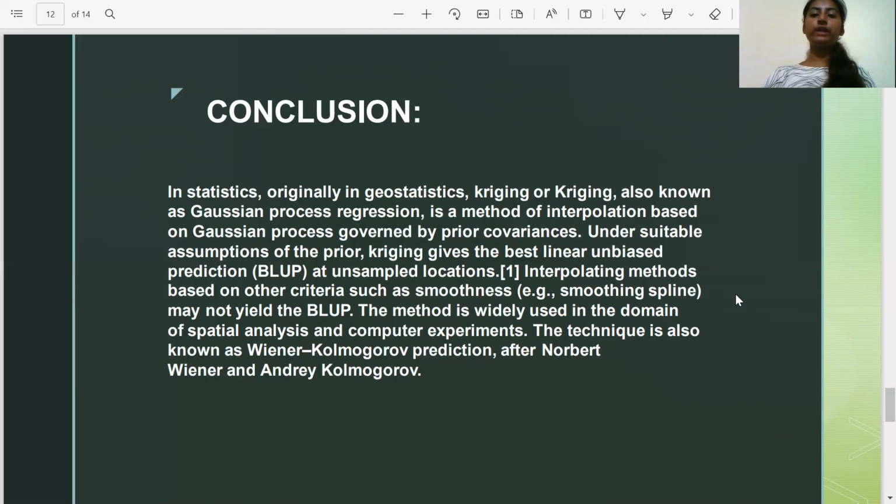The method is widely used in the domain of spatial analysis and computer experiments. The technique is also known as Wiener-Kolmogorov prediction, after Norbert Wiener and Andrey Kolmogorov.